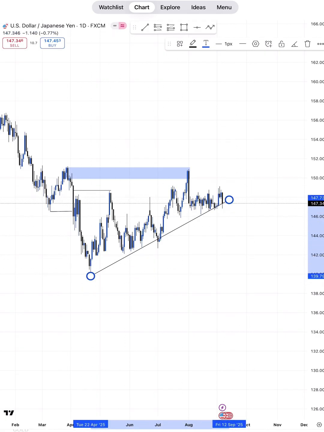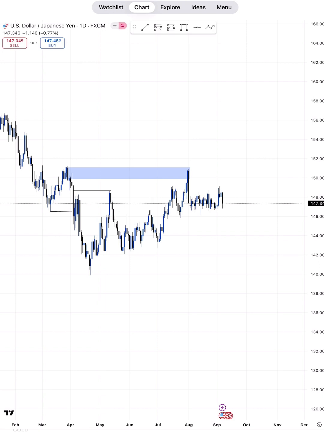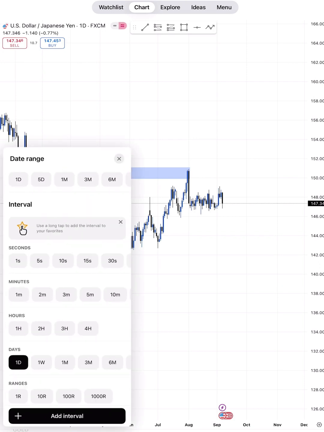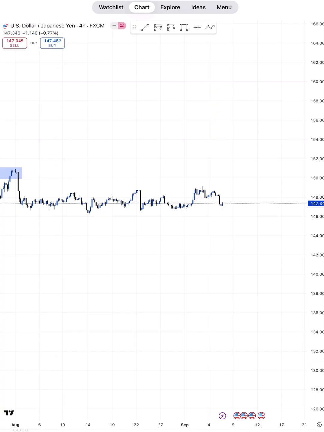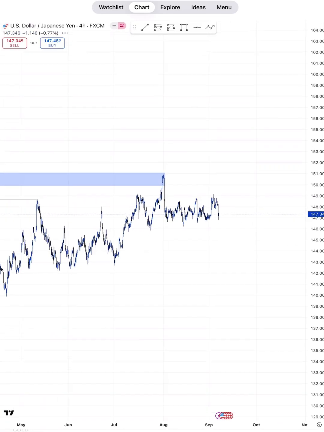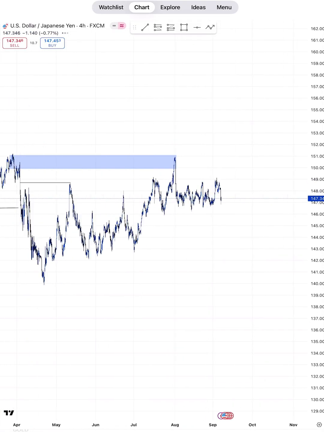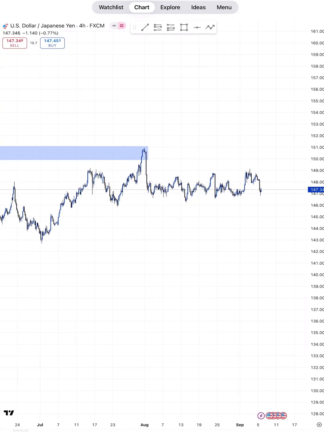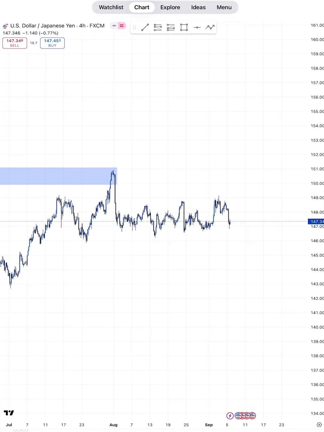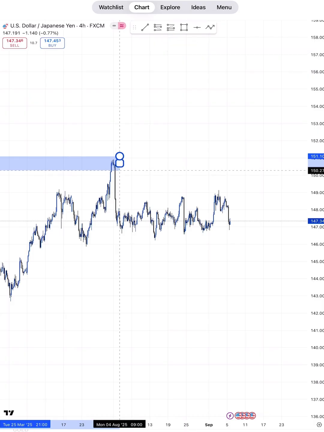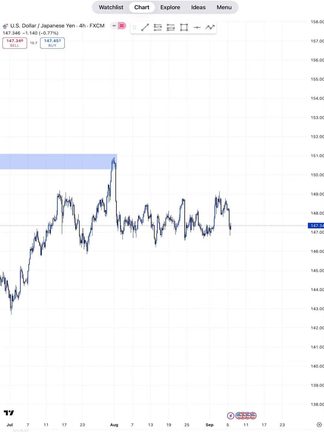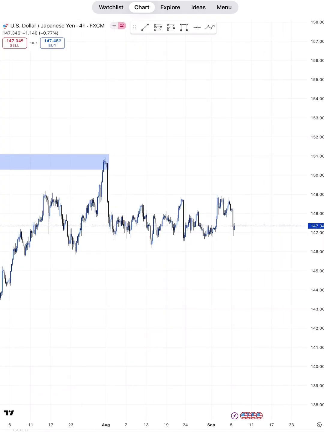So what I'm going to do now is scale down to the 4-hour time frame, and I'll look for the same thing: structure. This is just for me to confirm the directional bias of the market, because there's no way I'm going to say I'm getting my entry from the daily time frame.